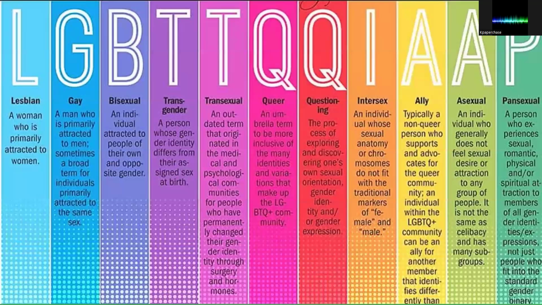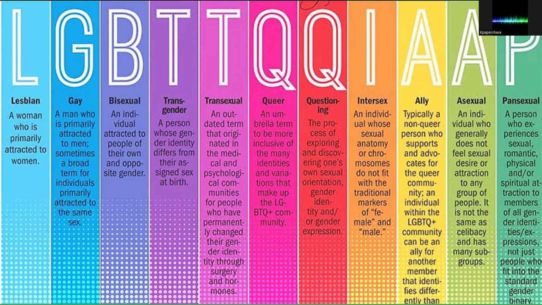We know that a lesbian is a woman who is primarily attracted to women. Gay, you're a man who's primarily attracted to men. Bisexual means you can be attracted to people of your own and the opposite gender. Transgender is a person whose gender identity differs from their assigned sex at birth. Now, transsexual is kind of an outdated term, but it originated in the medical community for people who have permanently changed their sex.